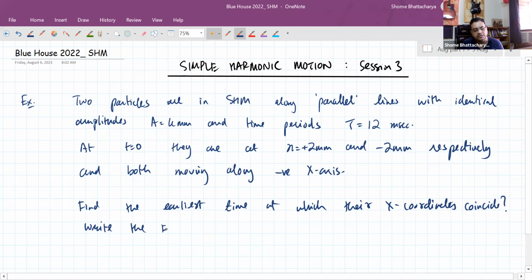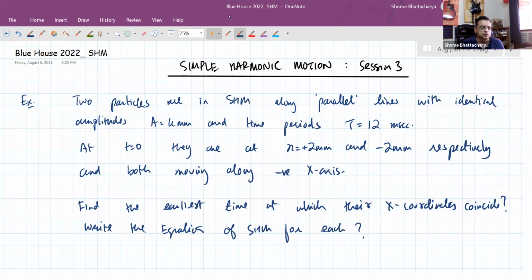Write the equation of SHM for each. So this is a question again based on the kinematics of simple harmonic motion. Just try this out, we'll discuss.